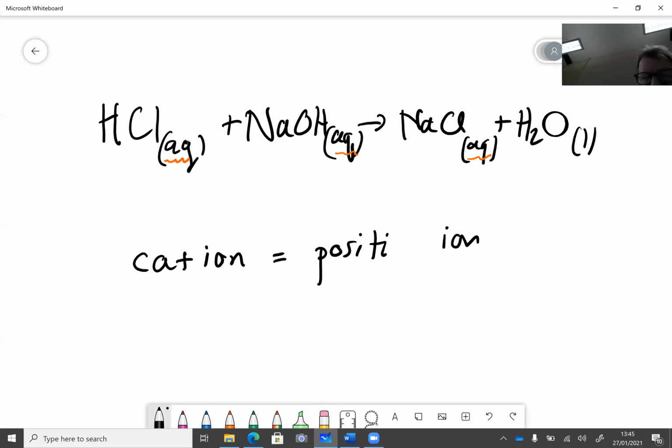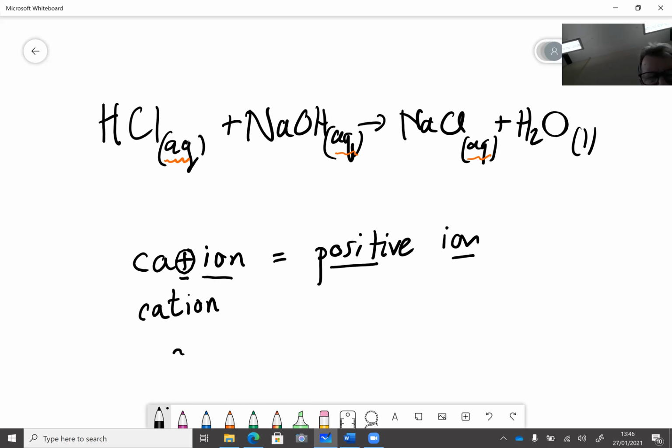Positive ion. One of the ways to remember this is to write it like this. I teach my students that if I write a plus, not a T, the word is cation. If I write it like this, I remember plus ion, positive ion.